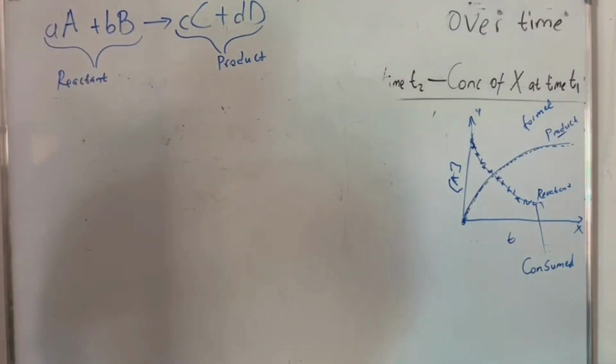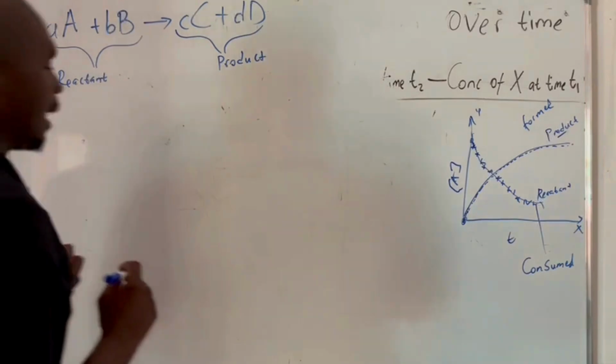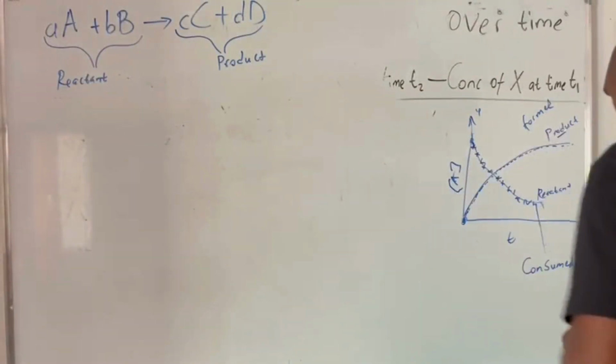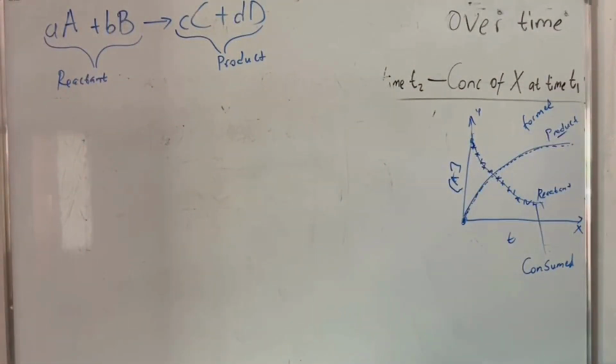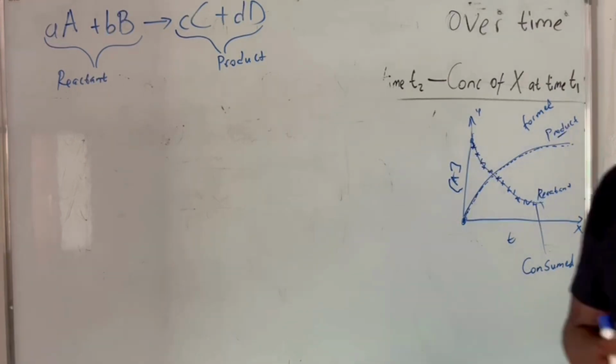So now, if we were to find the rate of the reaction, how will the rate of the reaction look like? In other words, the rate of the reaction can be defined using the general formula that I want to show you here.